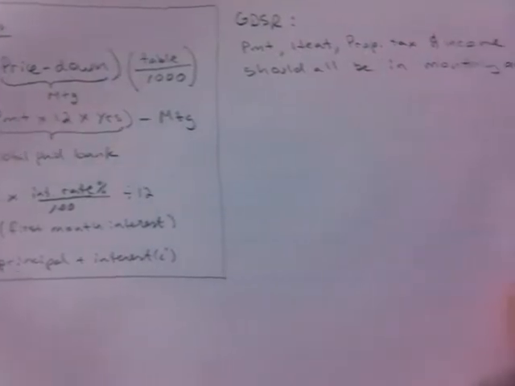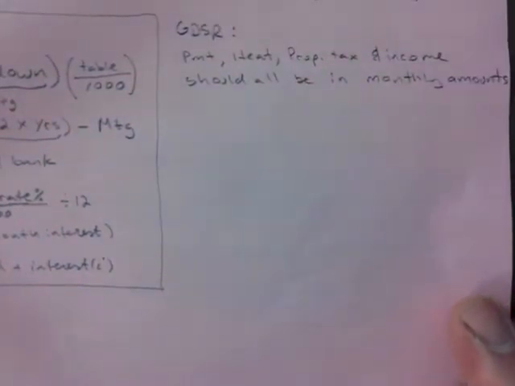So the GDSR, the payment, the heat, property, everything needs to be monthly. If it says annual or yearly, you need to divide that by 12. So you have to make sure all four of them are monthly amounts.